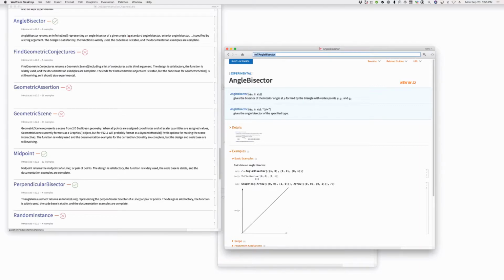I'm buying it if you feed into angle bisector a wrapped symbolic geometric object, then getting infinite line out makes sense. If you feed in just a bunch of naked coordinates, it is much less obvious to me that that makes sense. And for your purposes in geometric scene, you only care about the case where you're feeding in properly wrapped symbolic objects. Right? Sorry, my internet connection cut out. Okay, then we have to do this a different time.